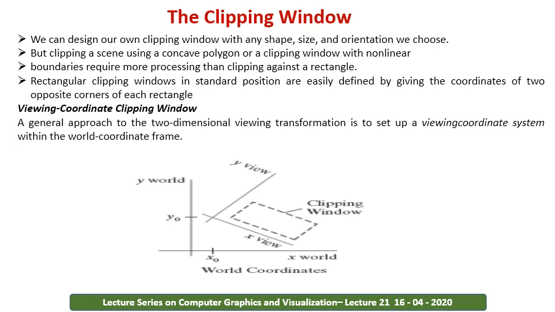Whenever we design our own clipping window, we can choose any shape, size and orientation. The clipping window can normally be chosen as a rectangle, because it is going to cover almost all the area once the object is clipped by a clipping window, compared with other shapes and sizes of clipping windows.